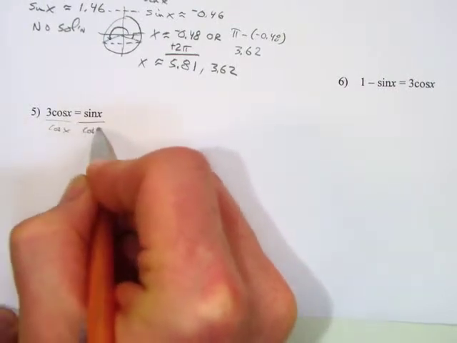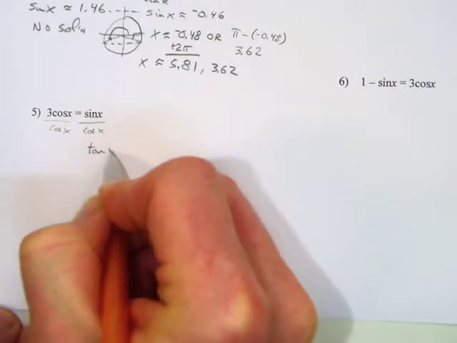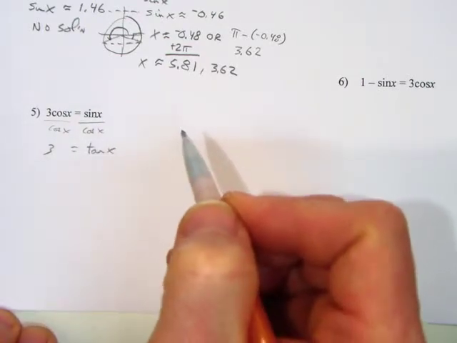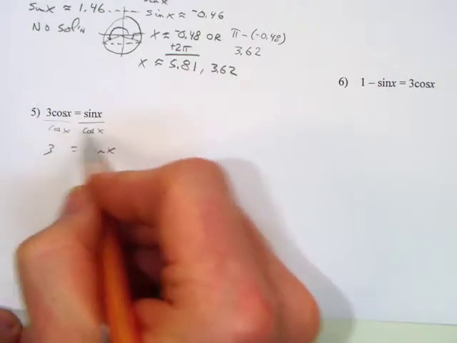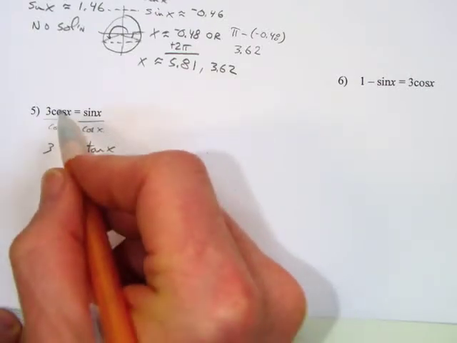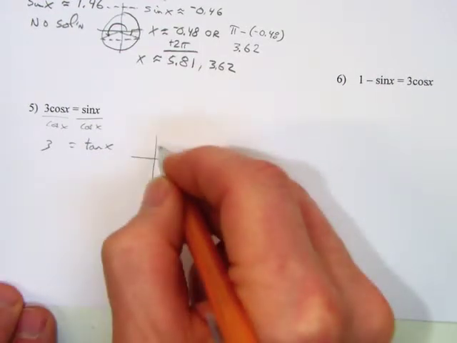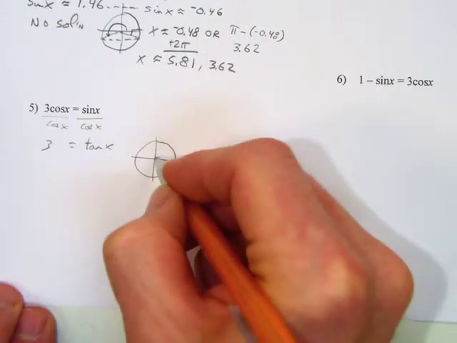Now, does this violate the rule I gave you in the last lesson? I said never, ever, ever divide out a trig function. No, because I'm not dividing the cosines out. I'm moving it to the other side. And at this point, this becomes a pretty easy problem to solve.